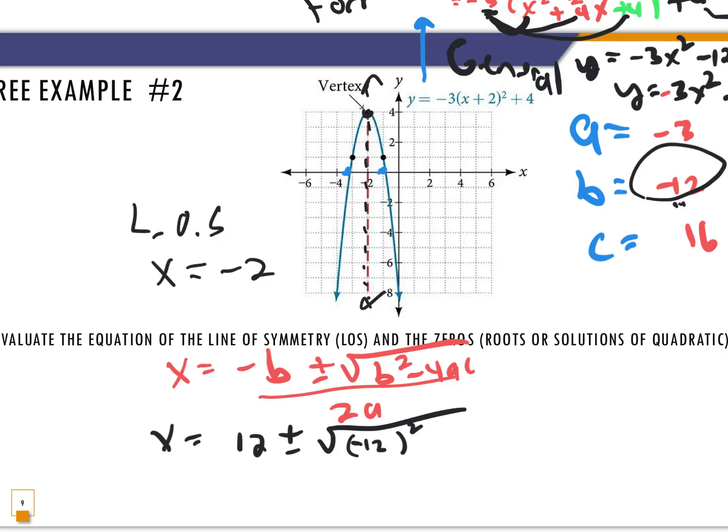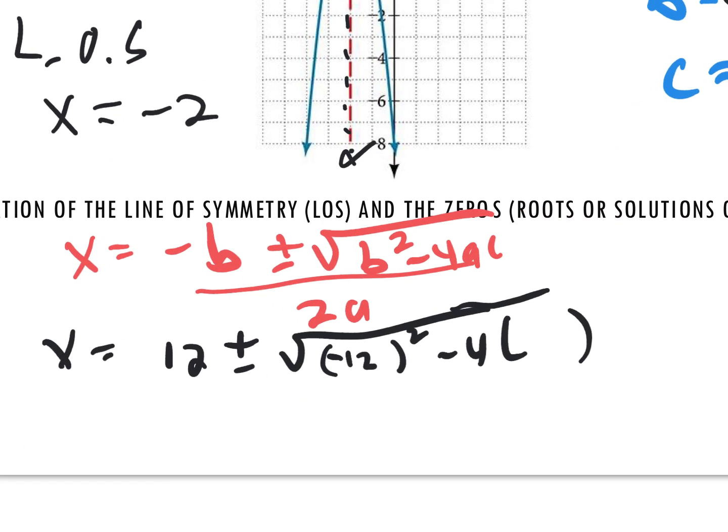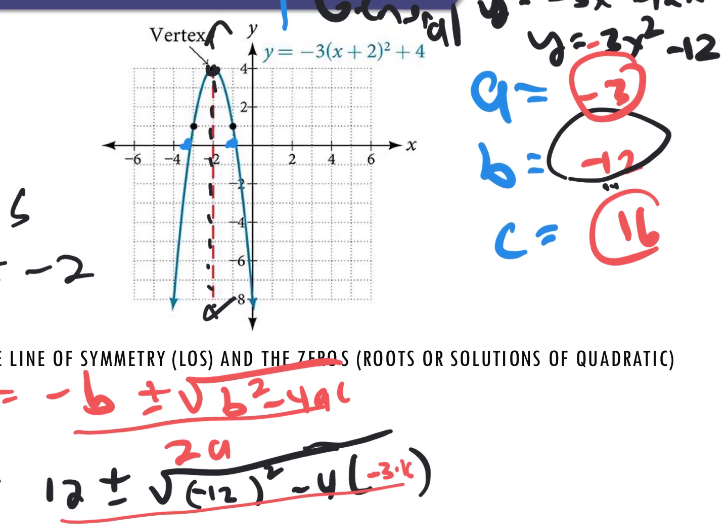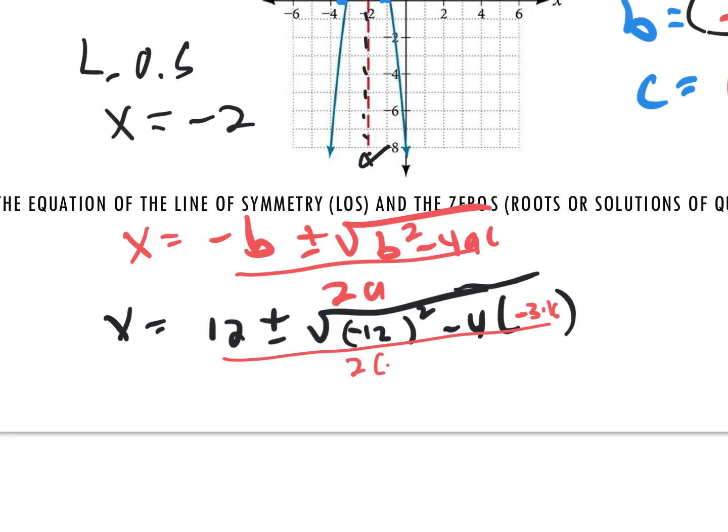Minus 4 times what? My two numbers that are A and C. That's a negative 3 times a 16. So let me make a little more room there. Negative 3 times 16, all over 2 times A. And A again was a negative 3, so I'm going to write 2 times a negative 3.